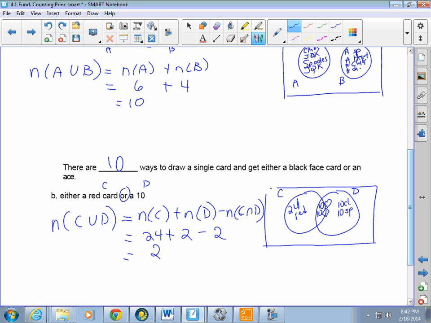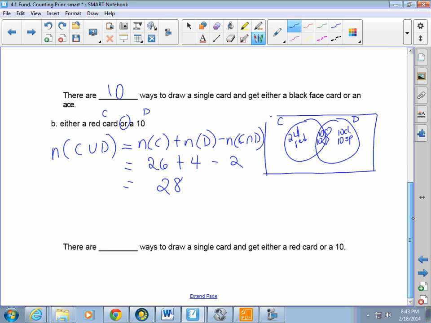Oops, I need to put this as 26 plus 4 minus 2. So it should be 28. I was doing it without including those numbers in there. So there are 28 ways to draw a single card and get either a red or a 10.